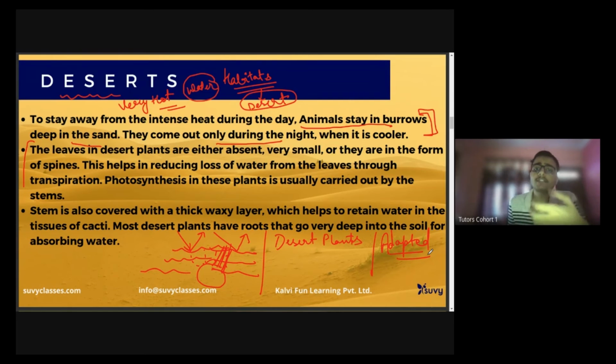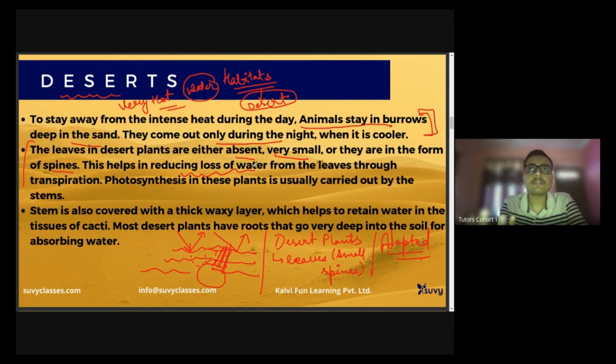So there are some properties that desert plants have. First one is their leaves are either very small in size, or they have turned into spines. They are either very small or absent, or turned into spines. This helps in reducing the loss of water.